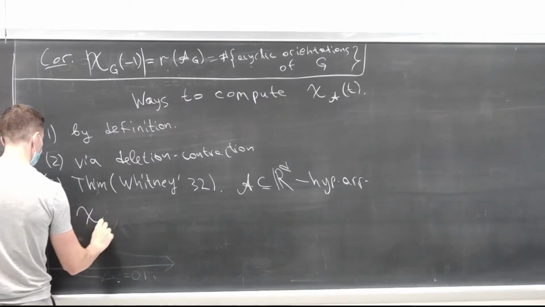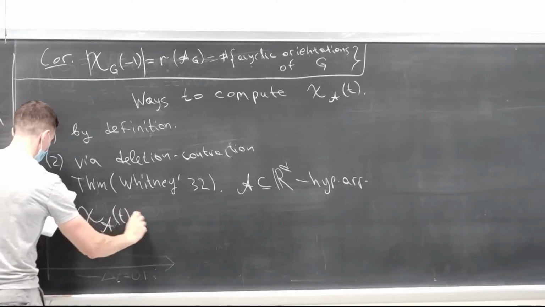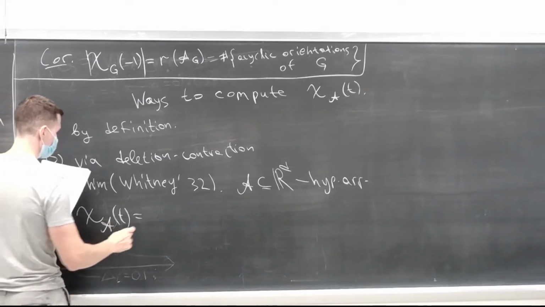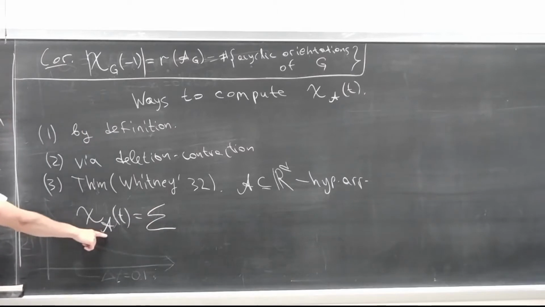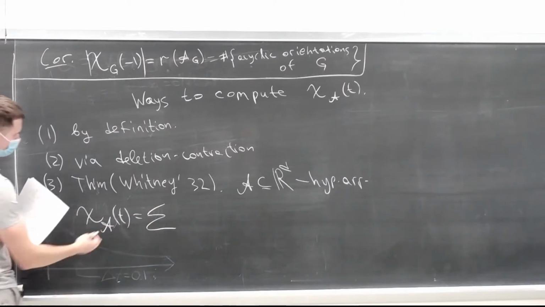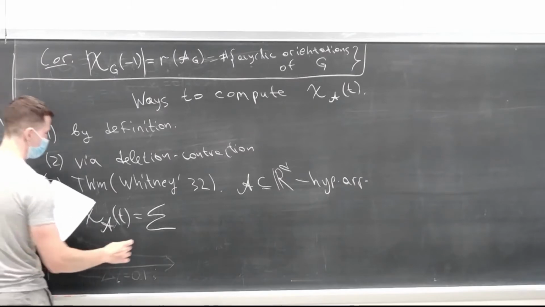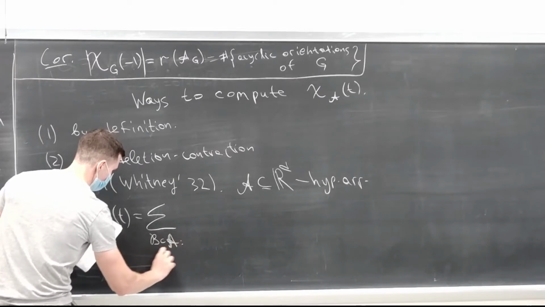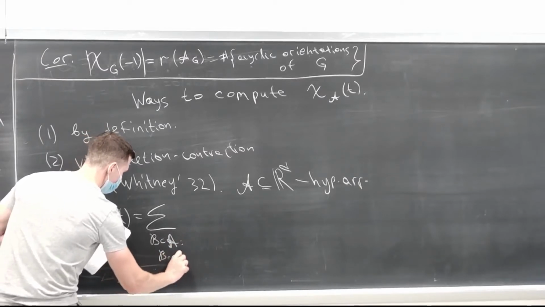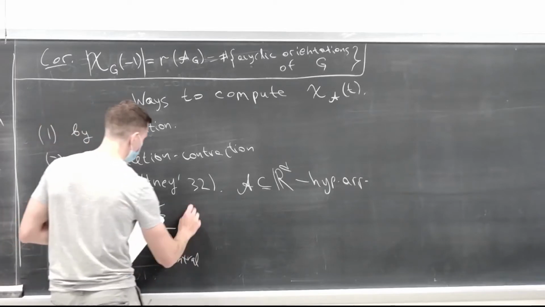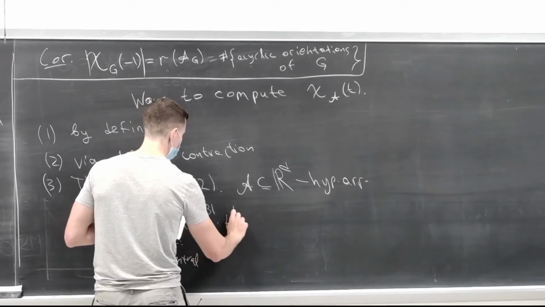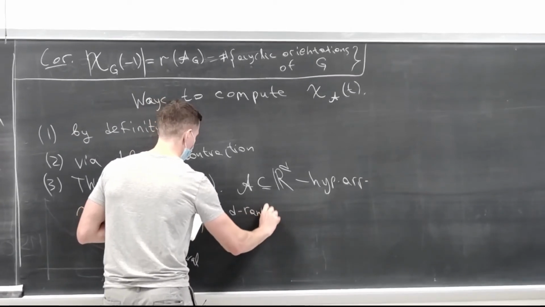Then the characteristic polynomial of t is given by a formula which looks similar to this, but is different in certain ways. It's the sum over all subarrangements of A. So just take all subsets B of your set of hyperplanes, B subset of A, such that B is central. And then you take (-1) to the size of B times t to the d minus the rank of B.